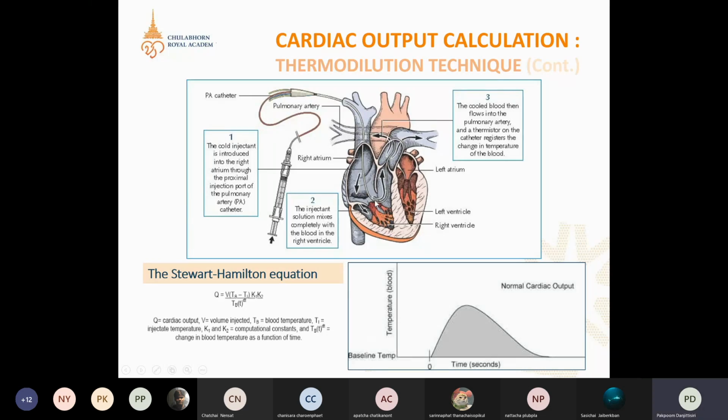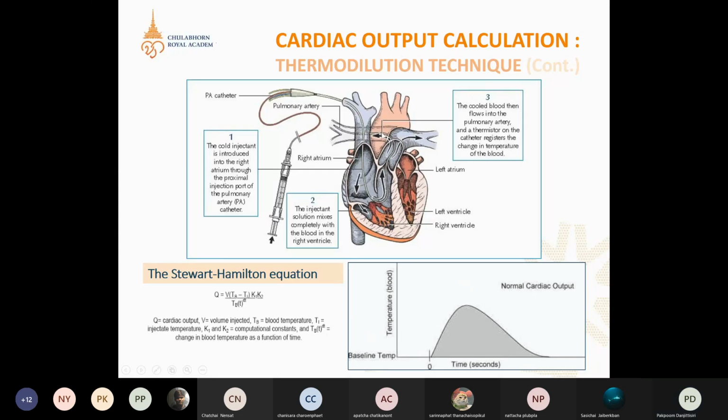After the doctor injects the cold injectant over here, the solution will get out of the catheter and go into the right ventricle. After that, the blood inside the right ventricle will mix with the cold injectant and become cold blood. After that, the cold blood will flow through the pulmonary valve and then go to the pulmonary artery.